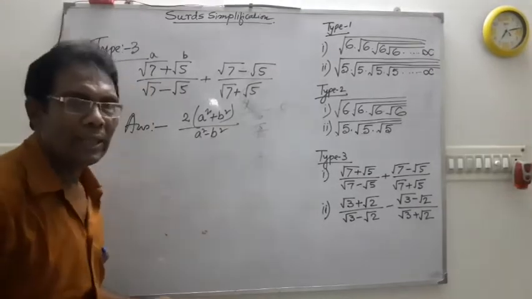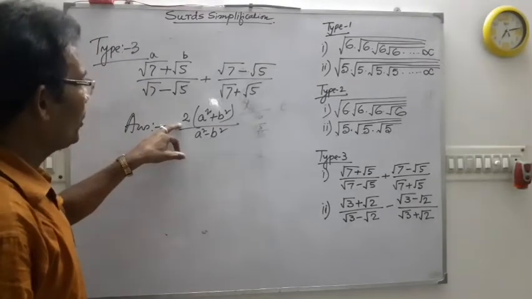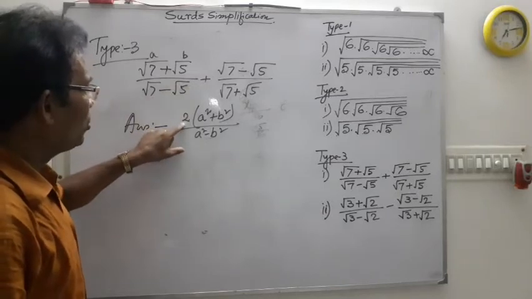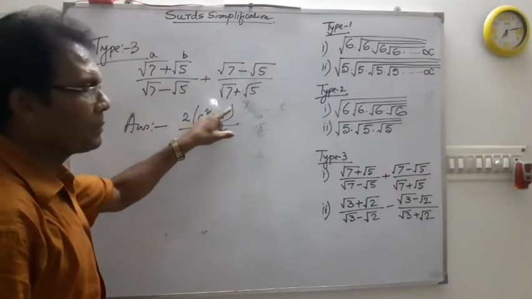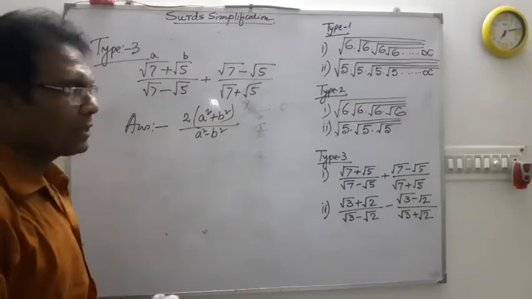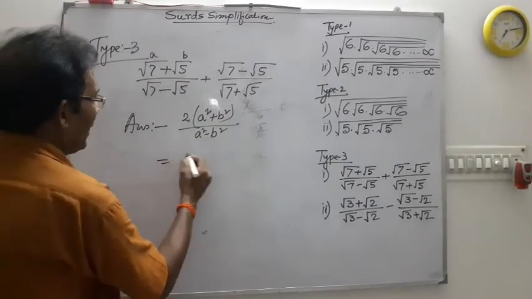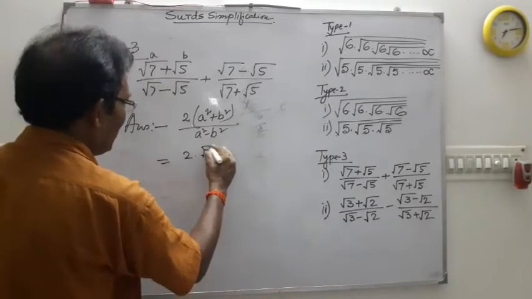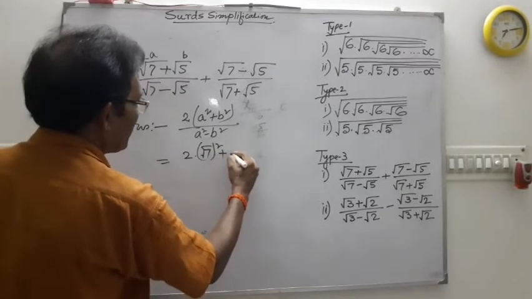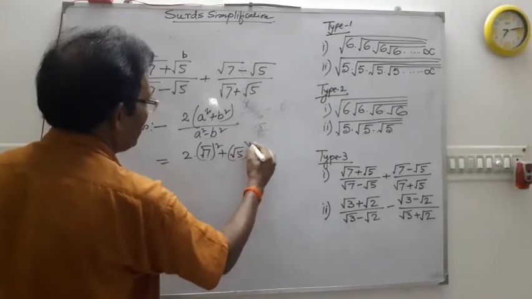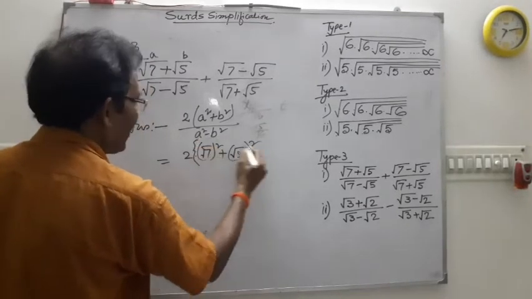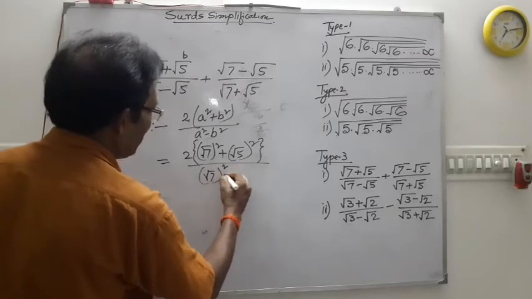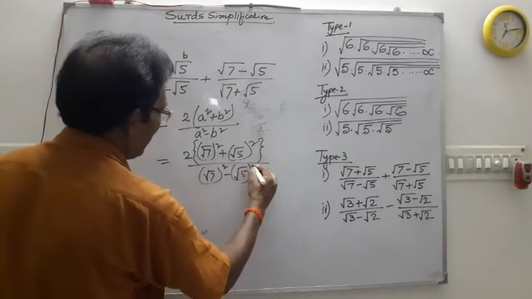The tricky method is 2 in case of plus. The answer is 2 into (A square plus B square) divided by (A square minus B square). So here the answer is 2 into (root 7 square plus root 5 square) divided by (root 7 square minus root 5 square).